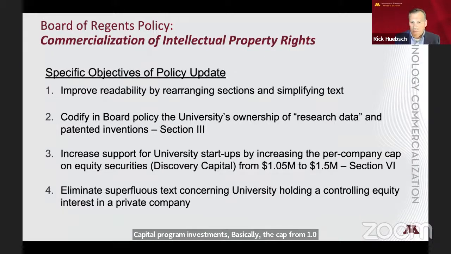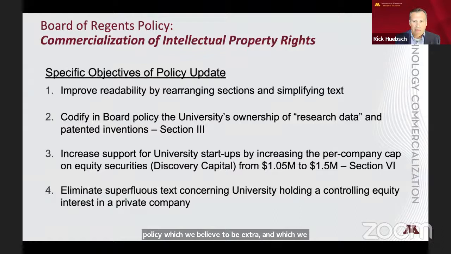And then there were a few clauses of text that concerned the University of Minnesota actually having a controlling stake in private companies, which really doesn't happen. So there were several pieces of phrasing in the existing active policy, which we believe to be extra and which we believe can be removed.